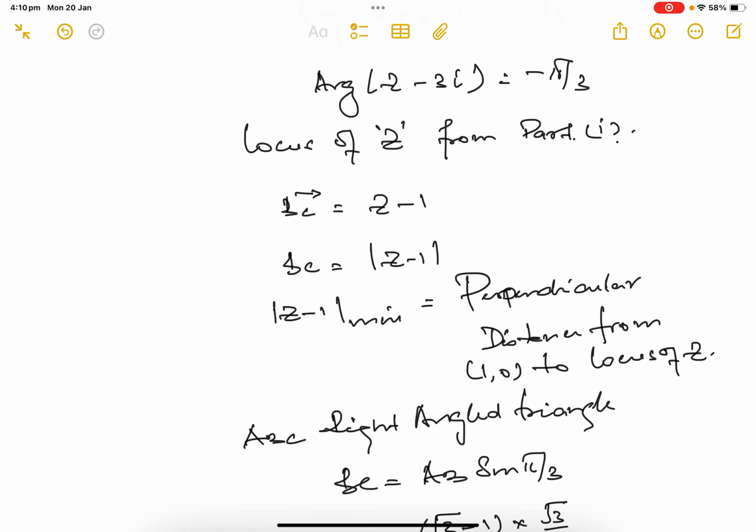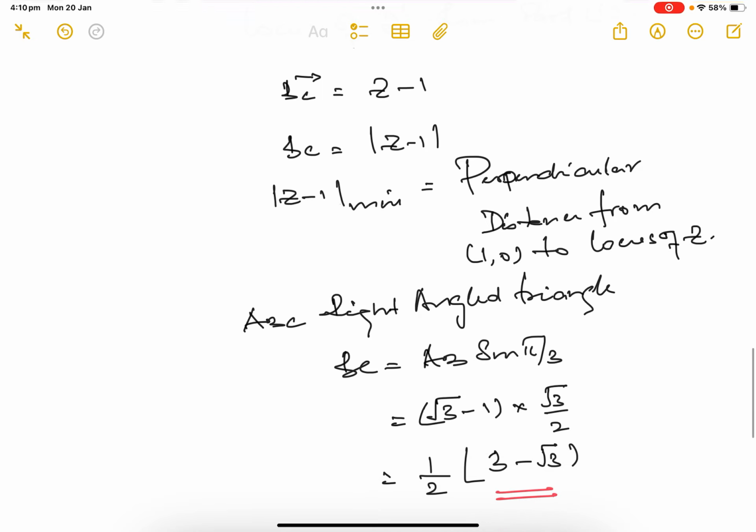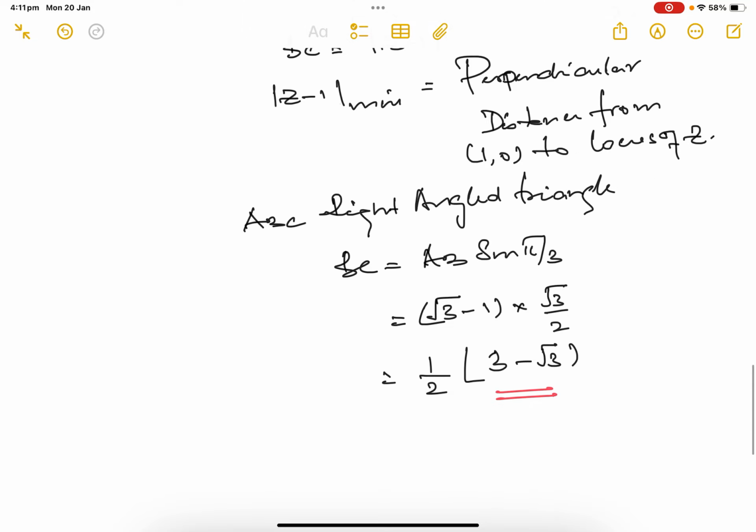But for the minimum of z minus 1, that distance has to be the shortest distance. If it's the shortest distance from a point to a line, it must be a perpendicular distance. So the perpendicular distance from 1, 0 to the locus is what we have to find.